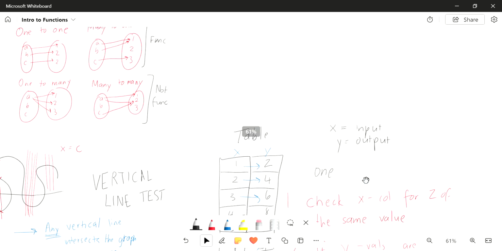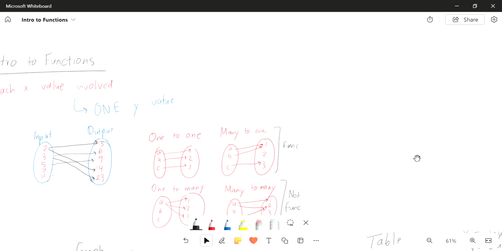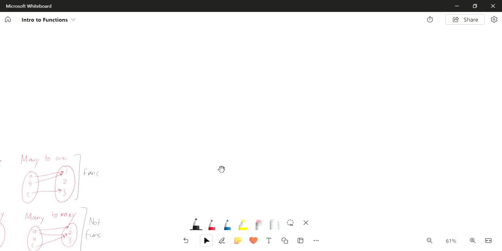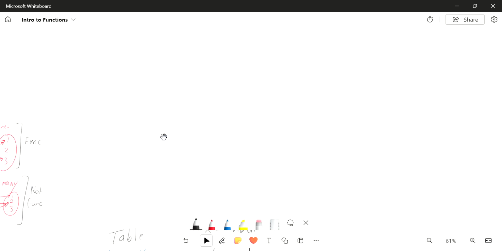And there's another way to think of it. Instead of writing y for all of your outputs, sometimes if it's a function, some people write f of x, meaning that it's a function of some input x. And you can either use this or you can use y. At least for now, they kind of mean the same thing.